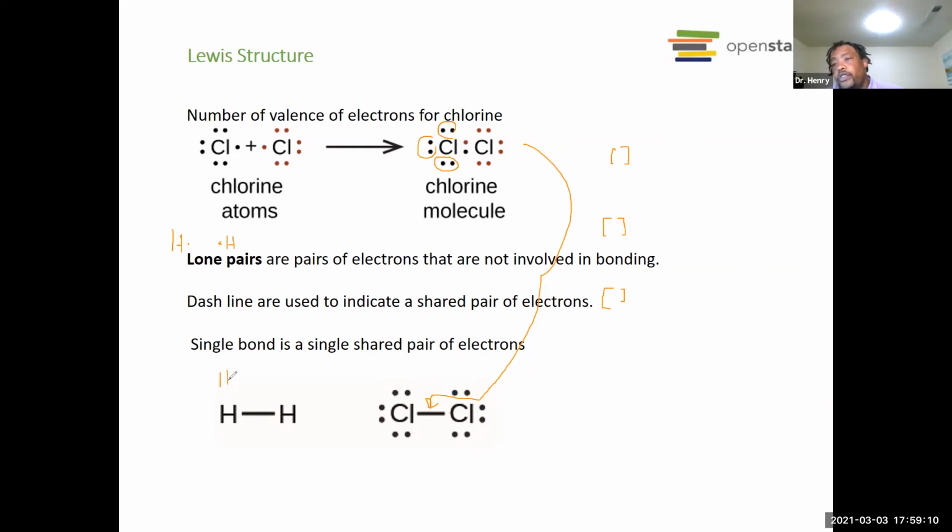So it's going to only make a single bond. Because it can only make 1 single bond, it's never going to be a center atom if there's multiple elements in a compound. So you'll never have something like this.